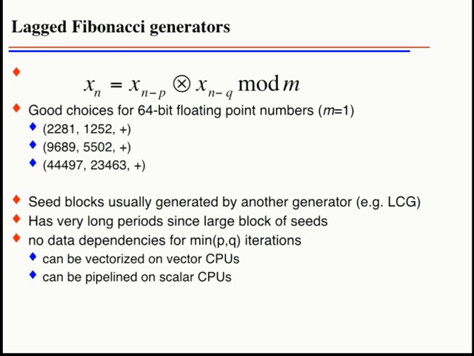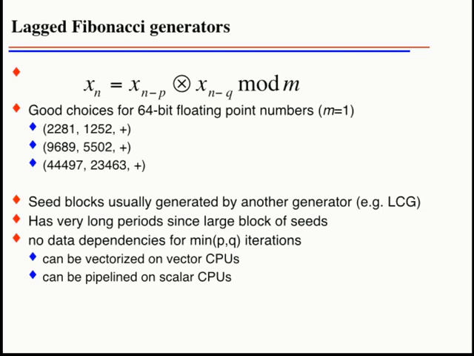A good example here of choices to have: this column is p, this is q, and this is for the plus operation. So if you want to implement your own lagged Fibonacci random number generator, those are some reference values you can use. As I said, you need the full history of random numbers, so when starting your generator, you need to generate a state of previous numbers.